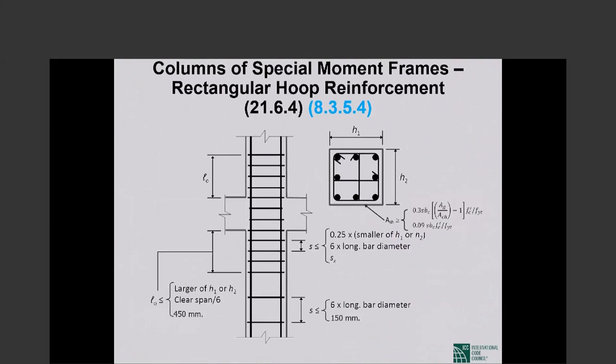So when we are talking about confinement, we are talking about this. And so the minimum cross-sectional area must be the larger of the values given by the two formulas. This f sub yt can be up to 100 ksi.